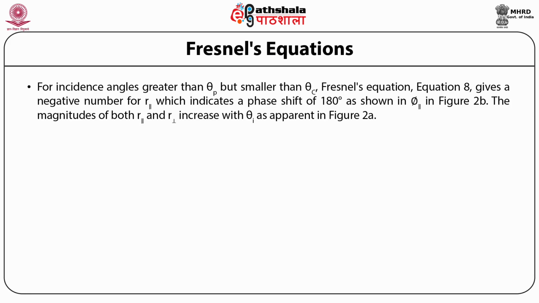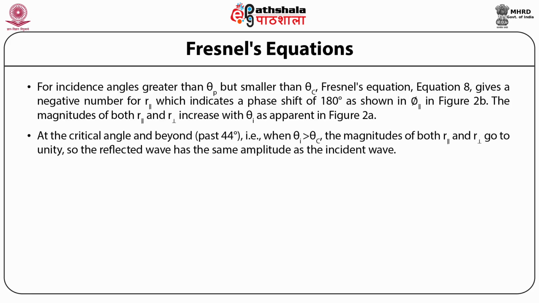For incidence angles greater than theta p but smaller than theta c, Fresnel's equation, that is equation 8, gives a negative number for r parallel, which indicates a phase shift of 180 degrees as shown in phi parallel in figure 2b. The magnitudes of both r parallel and r perpendicular increase with theta i as apparent in figure 2a.